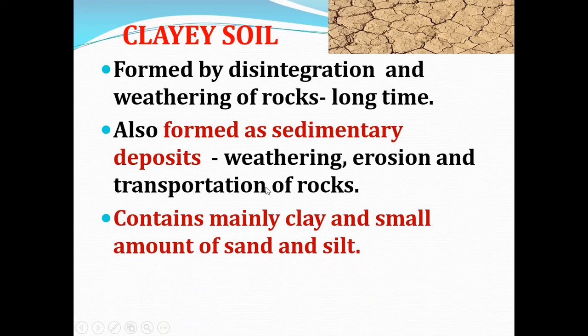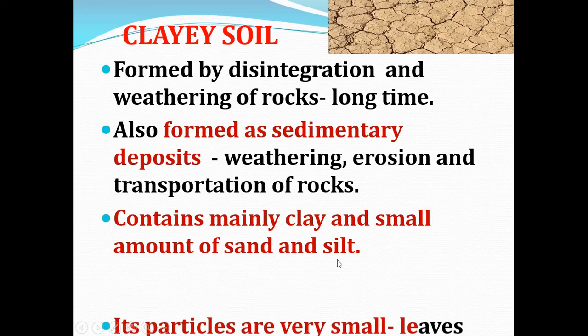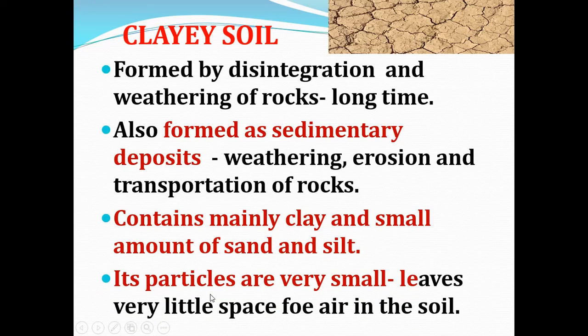So this soil contains mainly clay. You know, from the name itself you can understand what clay soil is. So it mainly contains clay and a small amount of sand and silt. And the soil particles are very small. It leaves very little space, so that air cannot enter the soil.